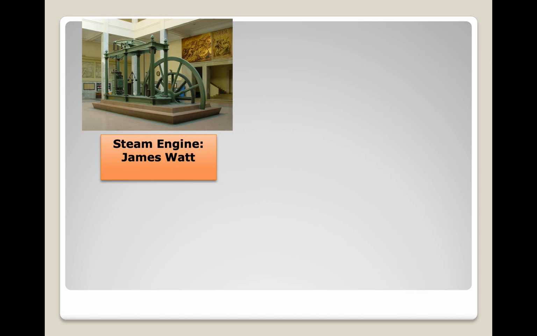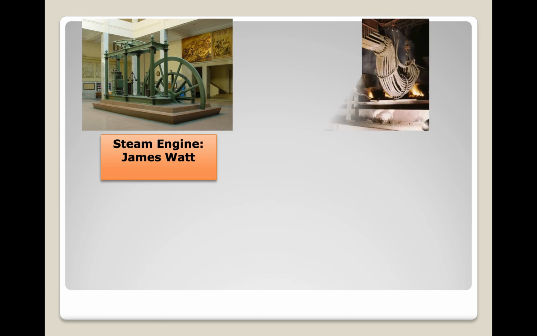You could hook up the steam engine to a train and make trains move. So the steam engine is going to be the heart of the Industrial Revolution. It's at the center of every other piece of machinery that will move and do things. The person who created that, or I shouldn't say created, the person who perfected it, is a guy named James Watt.